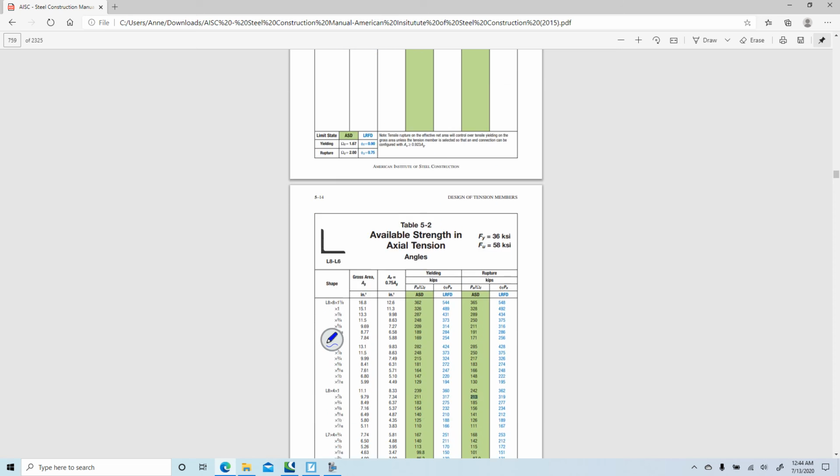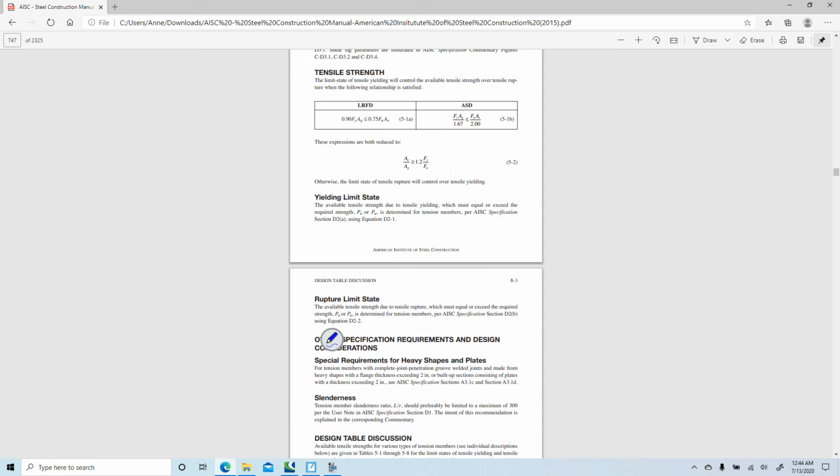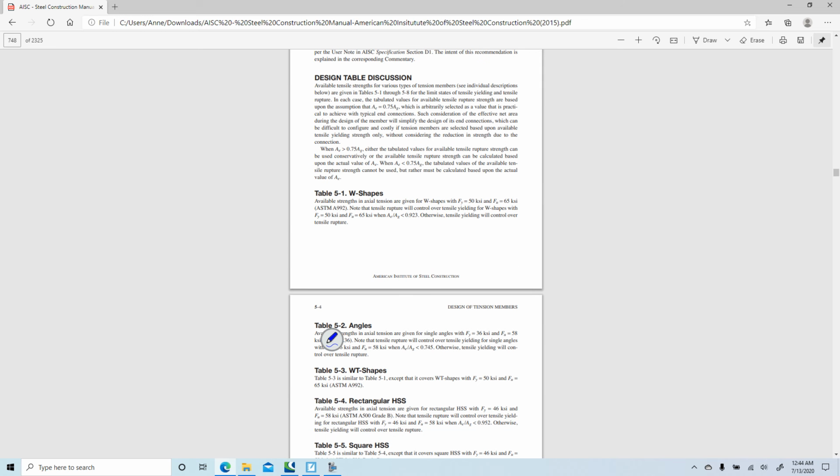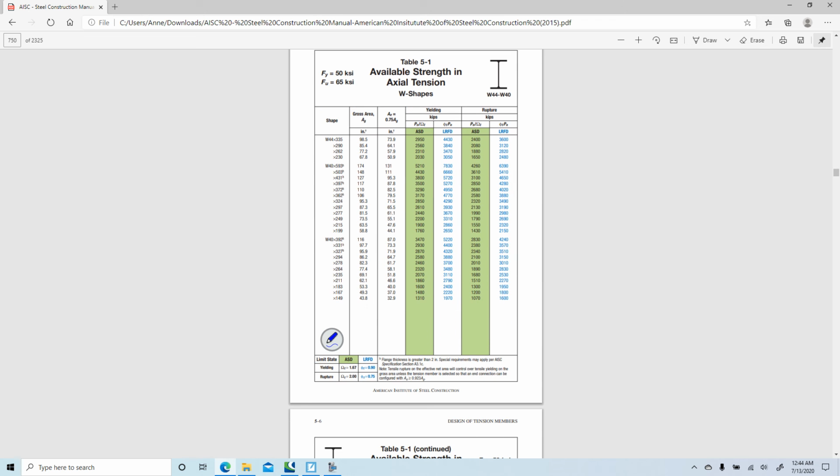So, I'm gonna go look at my tables of available strength in tension, right? Table 5-1 is my W shapes. And you can see it lists the W shape, and also remember we need to make sure and check that this has the same material properties of the steel that we're using.